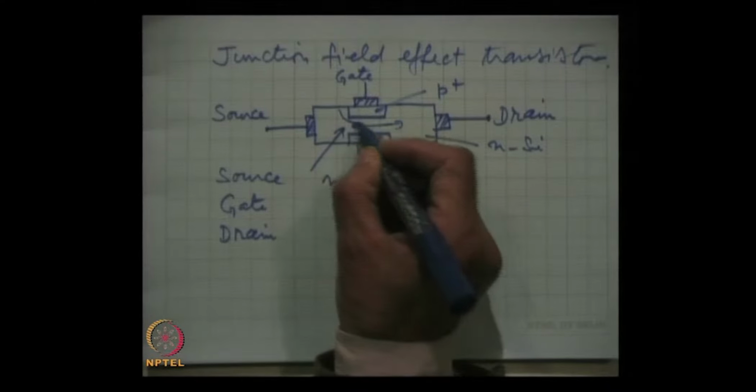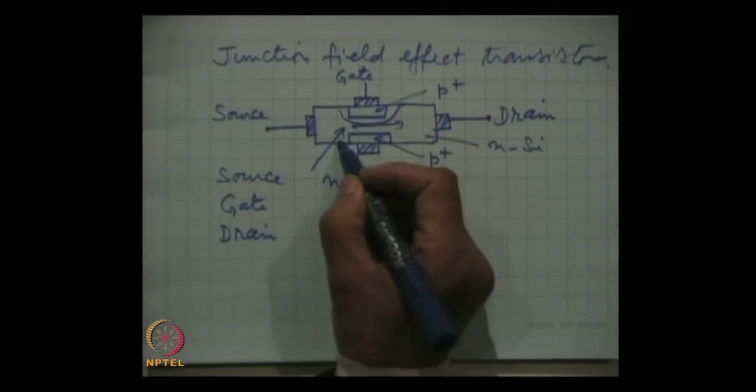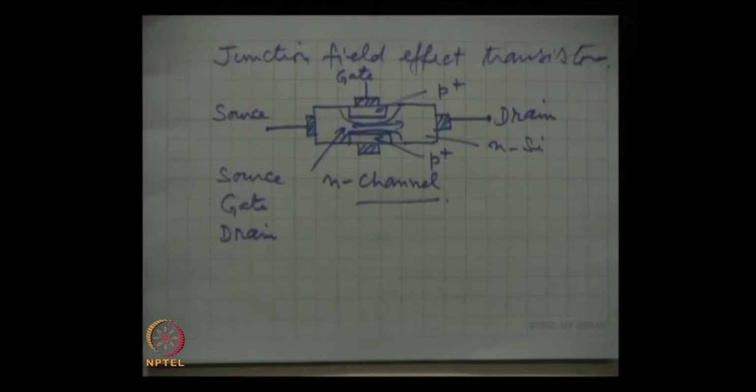Here this is a depletion region and here also there will be a depletion region. I draw a neater and bigger figure, and then I explain what will happen when we apply voltages. This is the device in equilibrium.